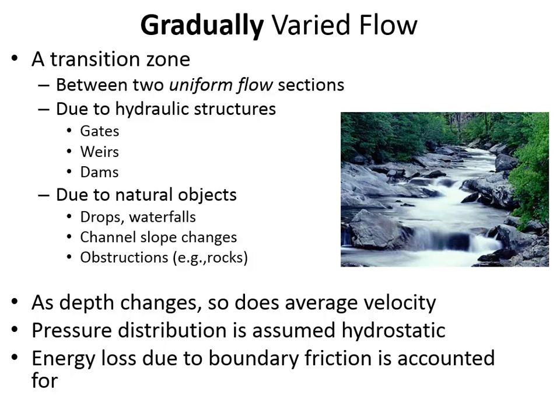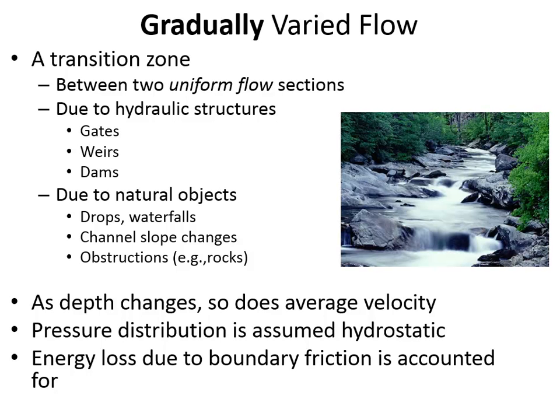But the assumption that we're going to make when we tackle gradually varying flow is that we are going to account for energy losses. Remember, we sort of neglected them when it was rapidly varying flow. What we said is that in a rapidly varying flow, like a hydraulic jump, the change in flow depth is so quick that points 1 and 2 are close together, so we don't necessarily have to worry about the frictional losses between 2 points that are really close together.